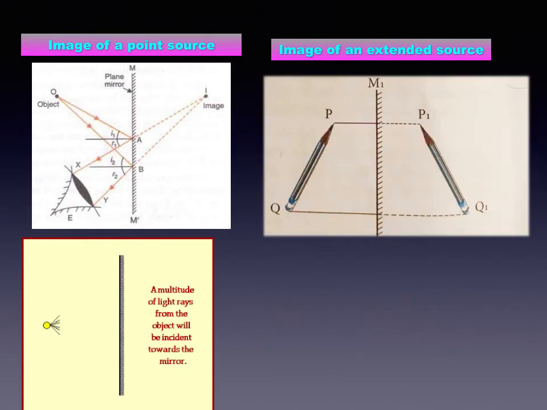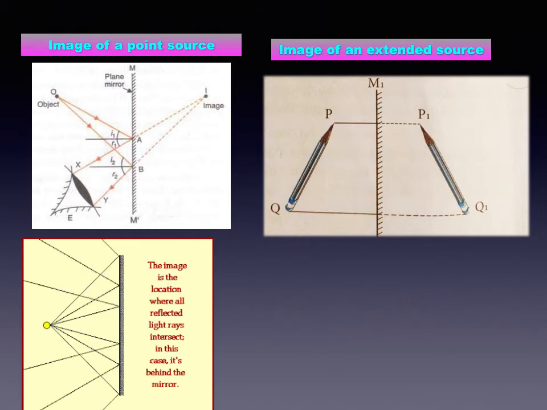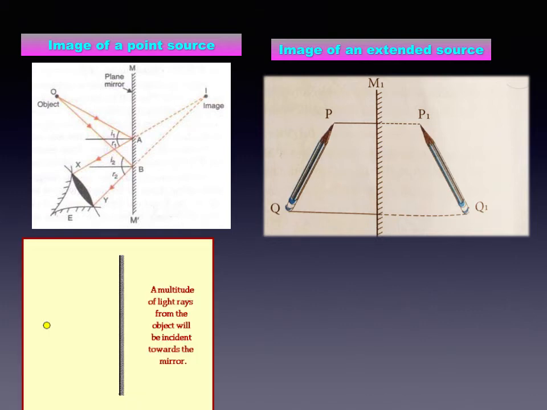Next, if we use an extended source instead of a point source, an image is formed of every point of the source, thereby forming an extended image of the whole source. Now, as you can see in the figure, an extended source PQ is kept in front of the mirror M1, M2.